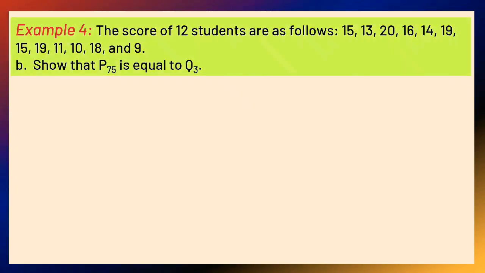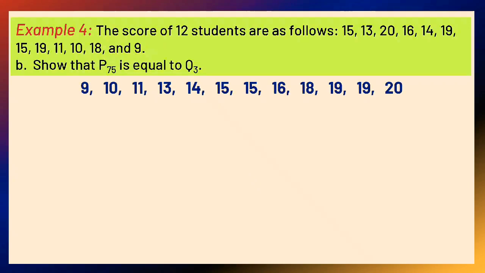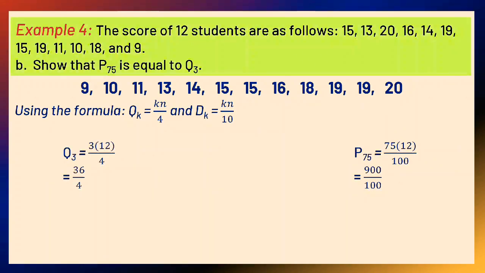For letter B, using the same problem, we are going to show that the 75th percentile is equal to quartile 3. So first, we are going to arrange the data in ascending order, and afterwards apply the formula for quartile and percentile.